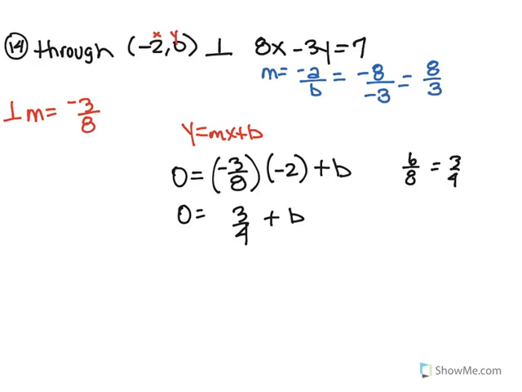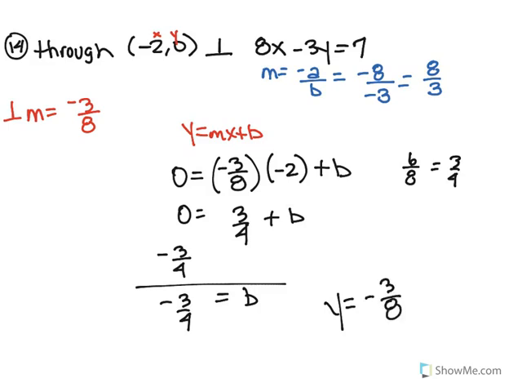And then what are we going to do with 3/4? Subtract it. So if the number is 0, 0 minus 3/4 is just negative 3/4. Right? And so what would our equation be? Y equals negative 3 over 8x minus 3/4.